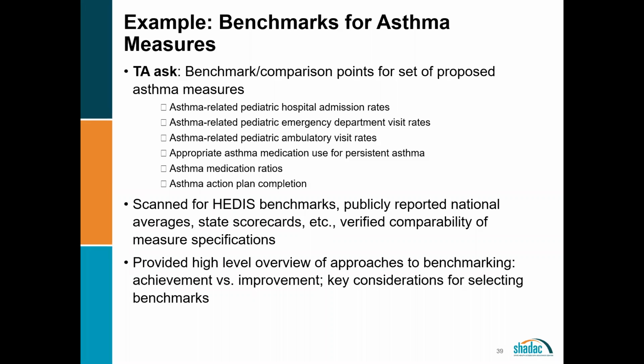So what we did, similar to the EQRO example and the diabetes dashboard example, is we did a pretty broad scan looking for benchmarks if they were available. So if it was possible to get a measure of best performance on a particular outcome, or if that wasn't available, to provide a range of comparison points. So maybe the national average, how similar states were performing, things like that.